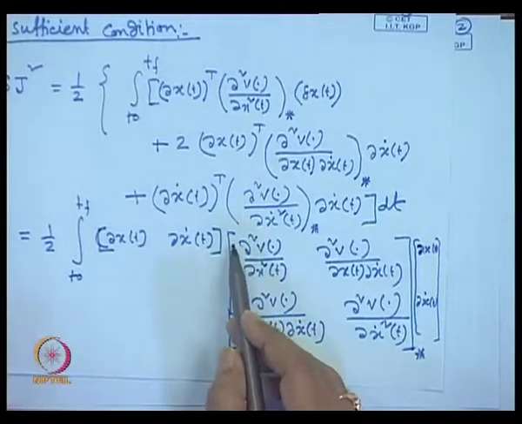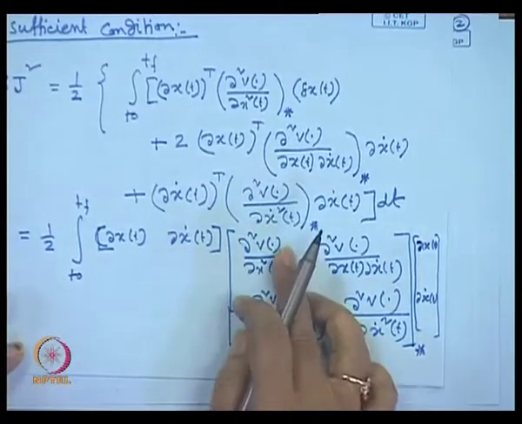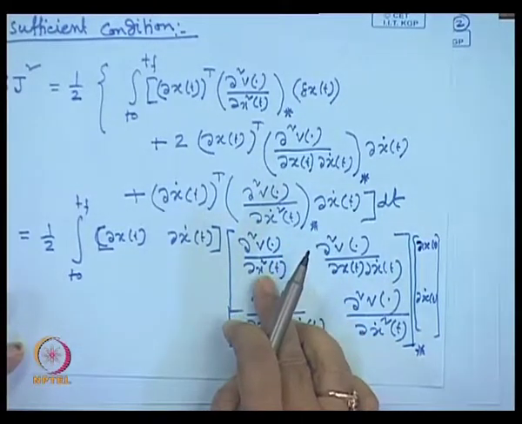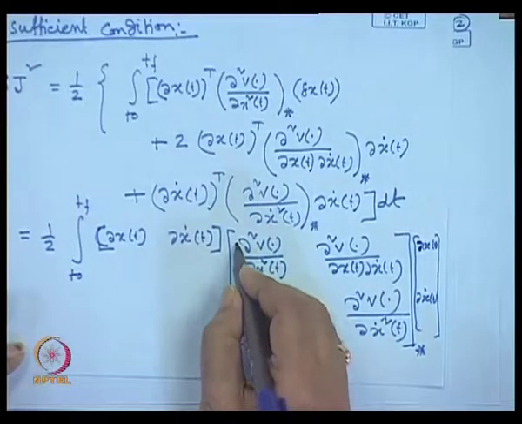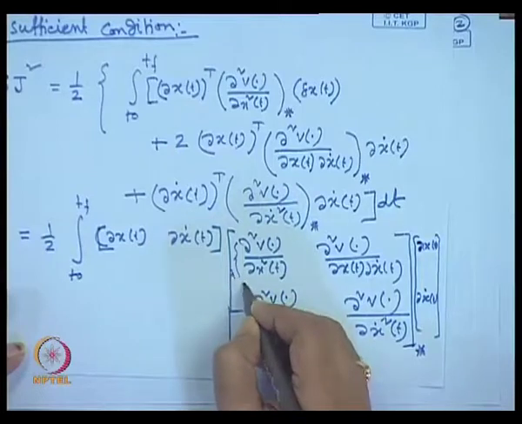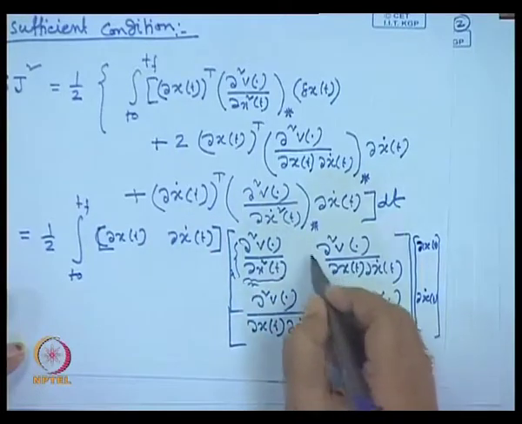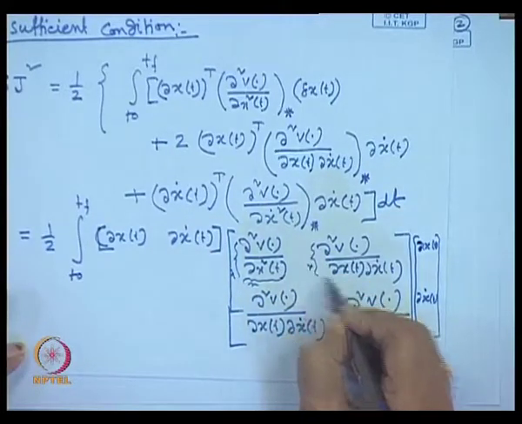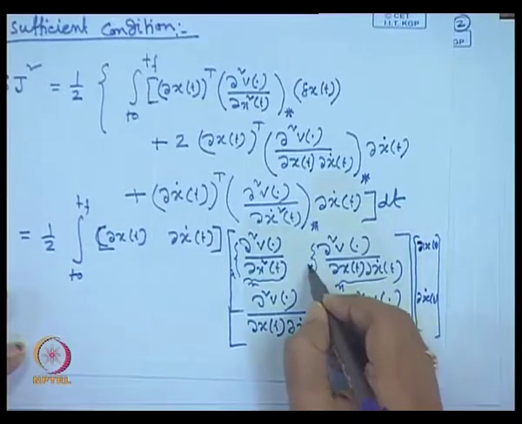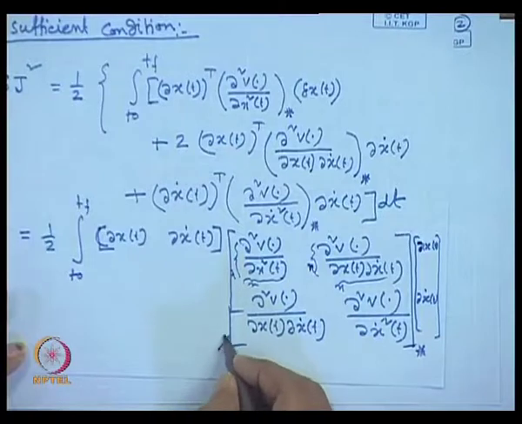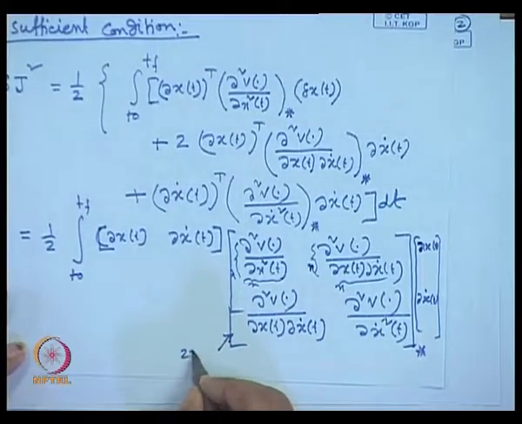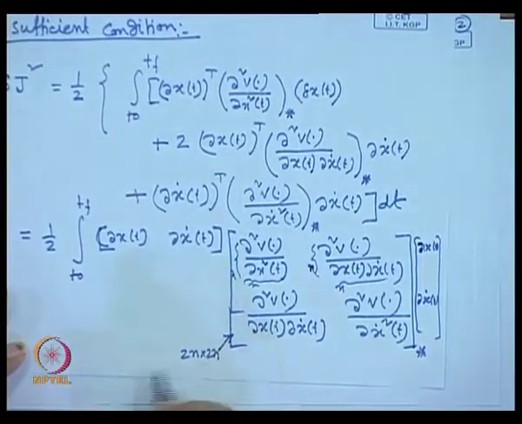Now, see this one. This is a matrix of dimension n cross n if x has n variables. This is n rows, n columns, this is also n rows, n columns, and similarly the whole matrix dimension will be 2n into 2n.